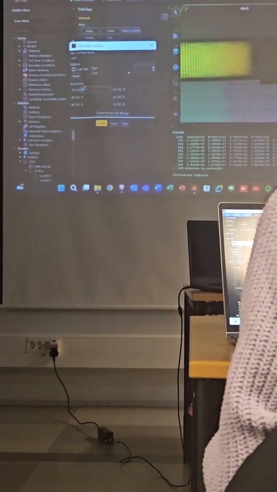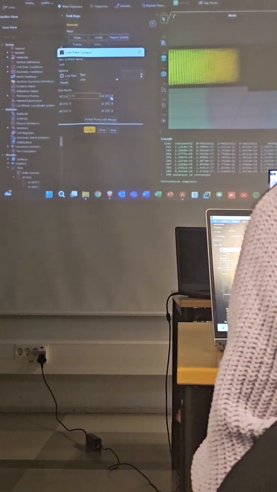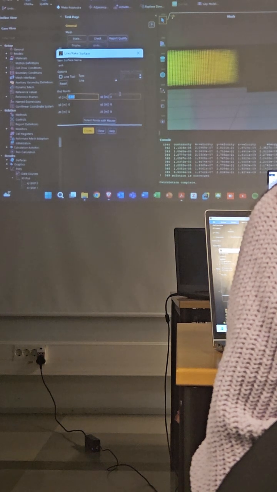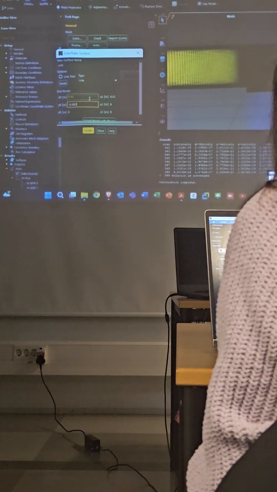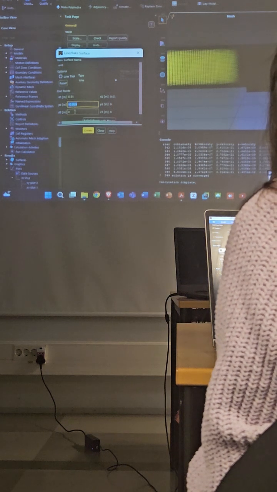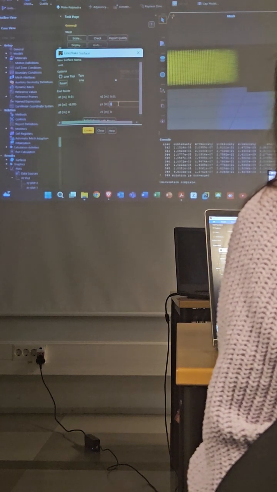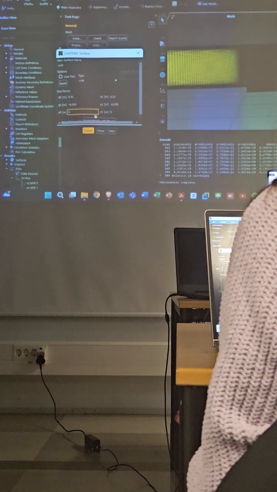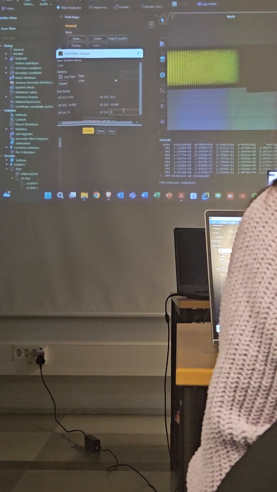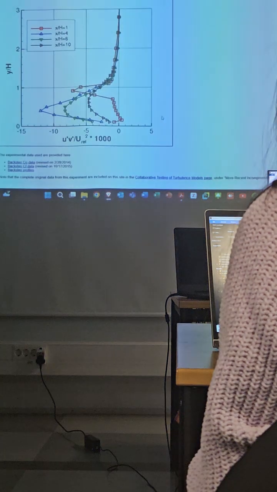So the x is 0.01, 1 centimeter. The y is the one at the center of the domain, so minus 0.005. And z goes from 0, the bottom of the wall, to a z that you can choose.